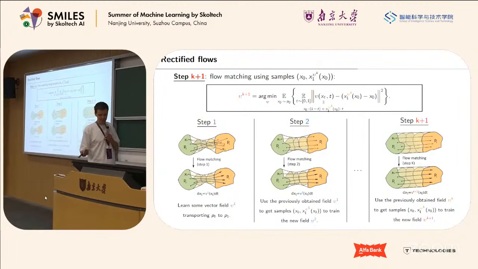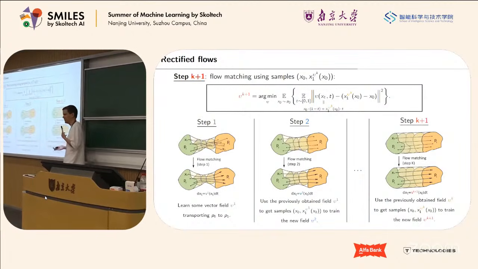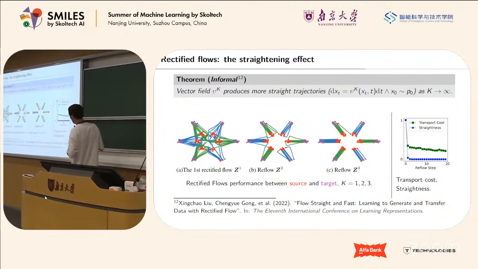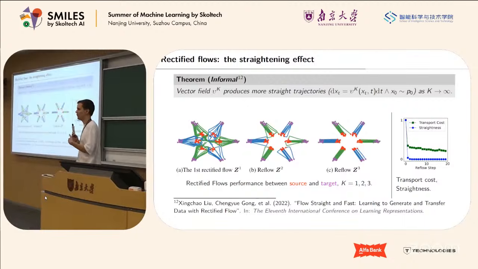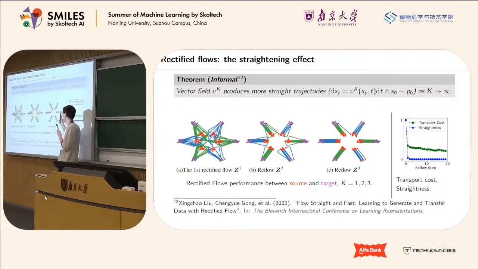And at this point, you may ask, why do we need to do this repetition? In which sense does it help us? Surprisingly, there is a theoretical result, formulated here in an informal way, but roughly speaking, it says that after this iterative flow matching procedure, when you do flow matching step by step on top of every previous model, you obtain a new model each time, and the straightness of the trajectories of this model becomes better and better.